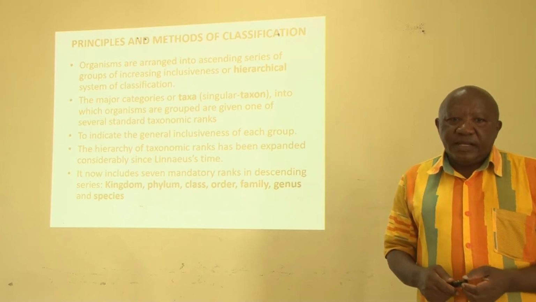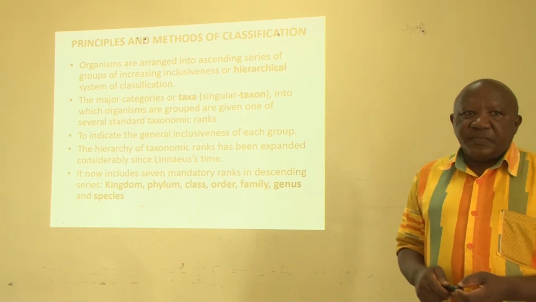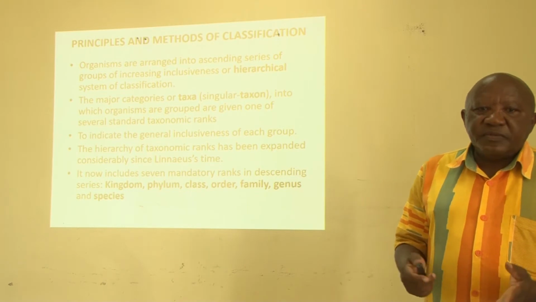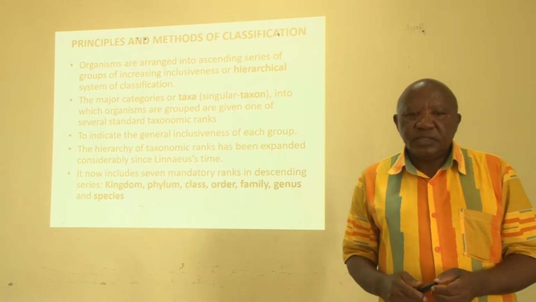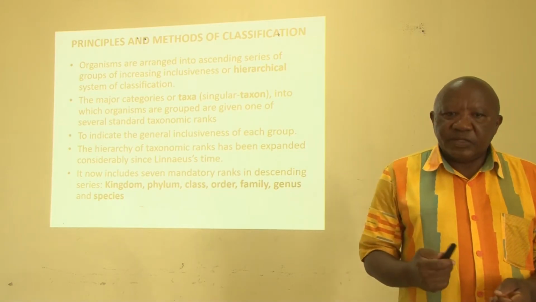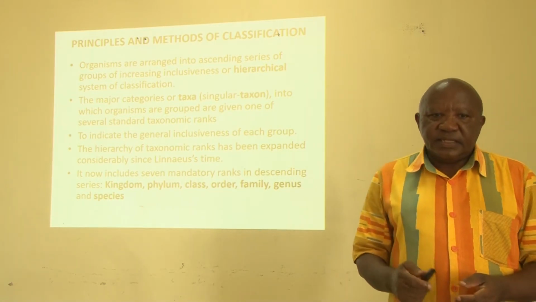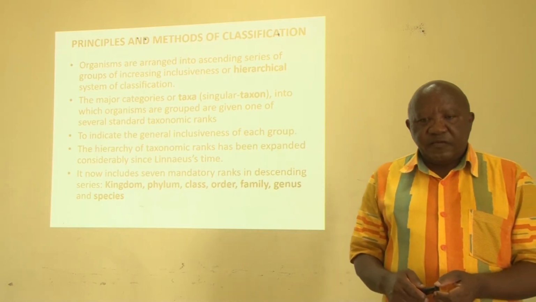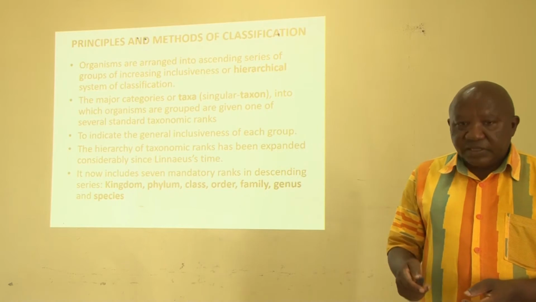The hierarchy of taxonomic ranks has been expanded considerably since the times of Linnaeus. It now includes 7 mandatory ranks in descending series: the kingdom, the phylum, the class, the order, the family, the genus, and the species.